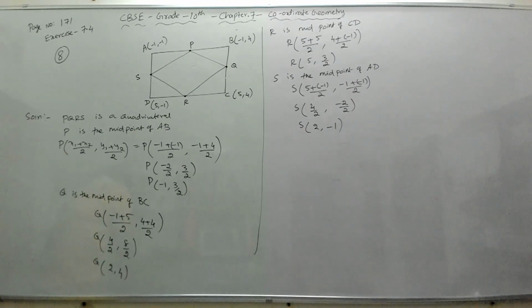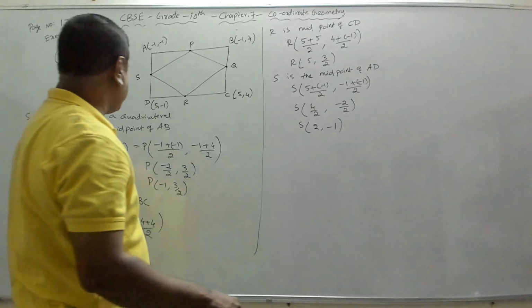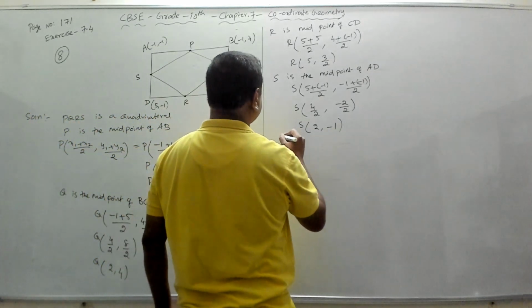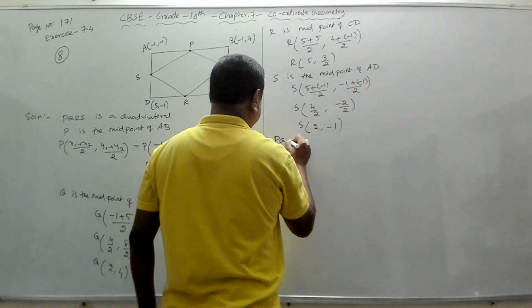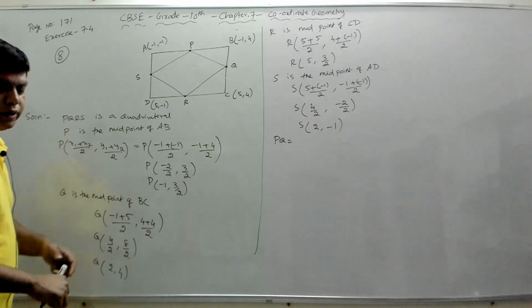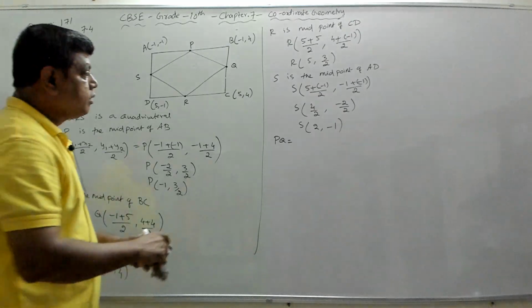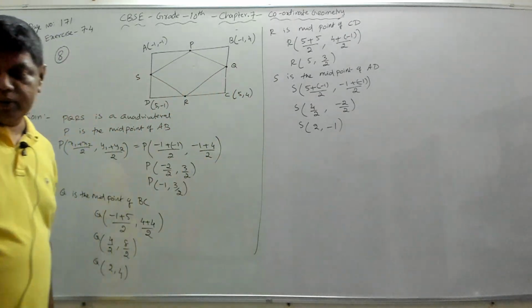So now we have found the points P, Q, R and S. Now we can find the distances between those points, right? Now if you find the distance, what do we get? Let's find the distance PQ. We can list all the points.